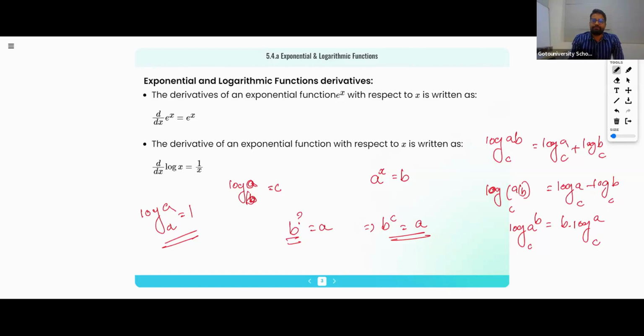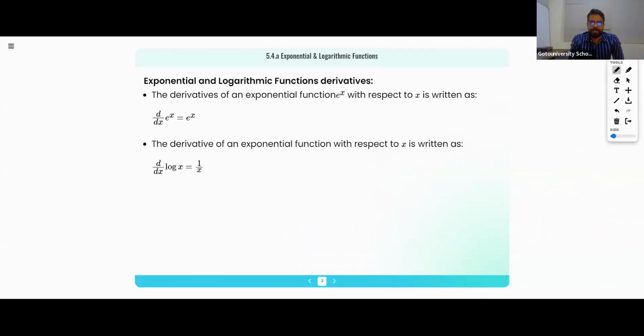Now, what is the differentiation or derivative of an exponential function? Let's have a look at it. This has been proved; if you want to find the proof from first principles, you can try that later. So e power x is the only function whose differentiation is always equal to itself. It's the only function not affected by differentiation; it remains as it is.